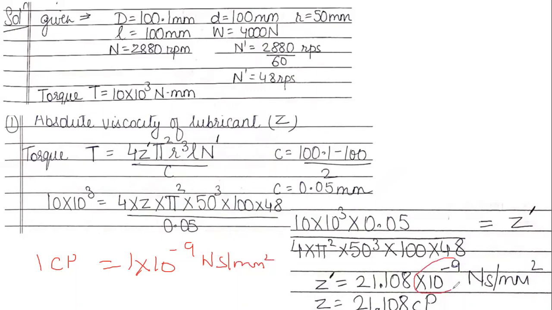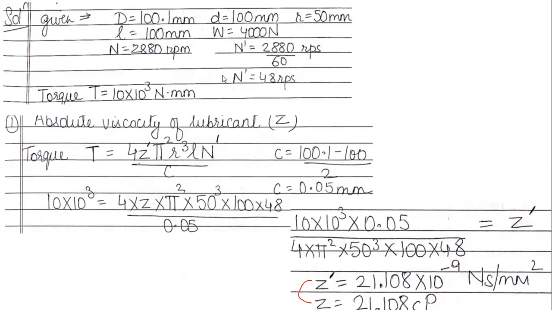So this will become centipoise. If I want Z in centipoise as absolute viscosity, the value will be 21.108 centipoise, Cp. First value I have found out.